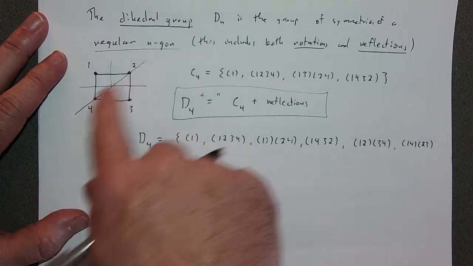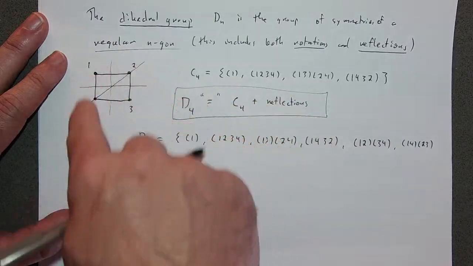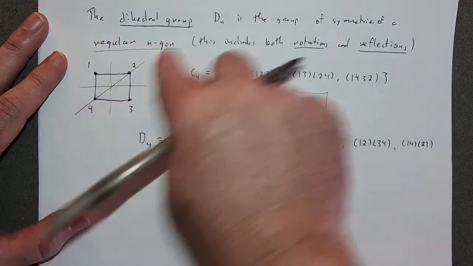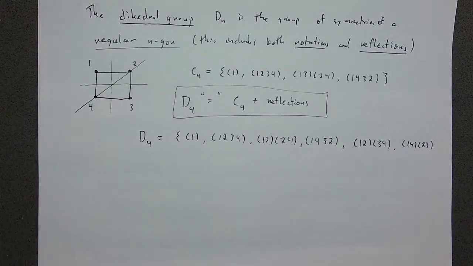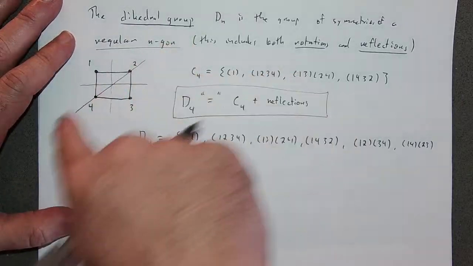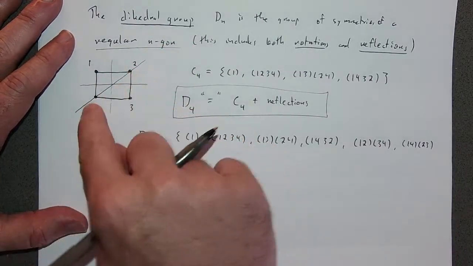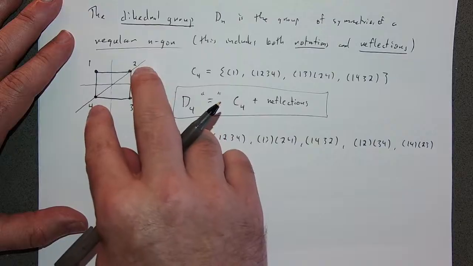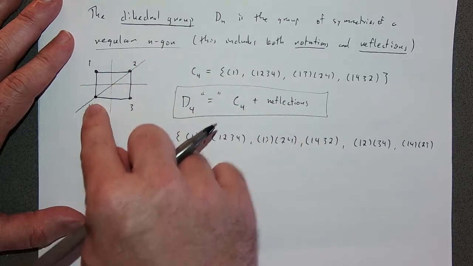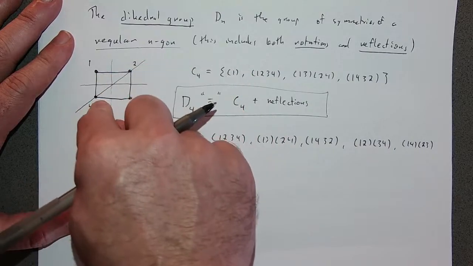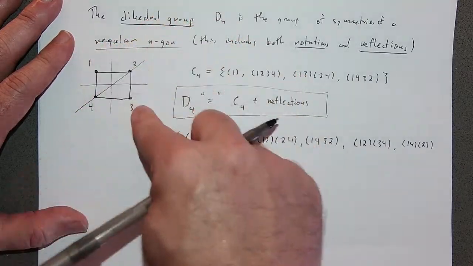If I were to reflect these vertices across this line of symmetry, a line of symmetry is a line of reflection with respect to which the figure in question has symmetry. So here, because the vertices 2 and 4 lie on the line of reflection, those are fixed. 2 goes to 2 and 4 goes to 4. And the only thing that changes is 1 goes to 3 and 3 goes to 1.